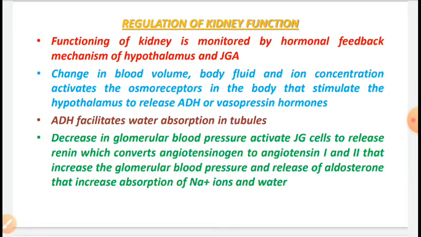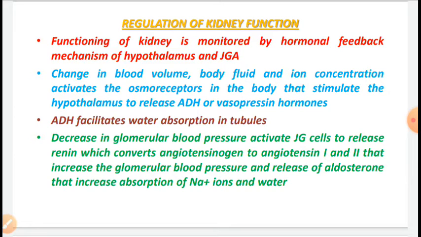So it is important here to study. Angiotensin 2, being a powerful vasoconstrictor, increases the glomerular blood pressure and thereby GFR also. Angiotensin 2 also activates the adrenal cortex to release aldosterone.